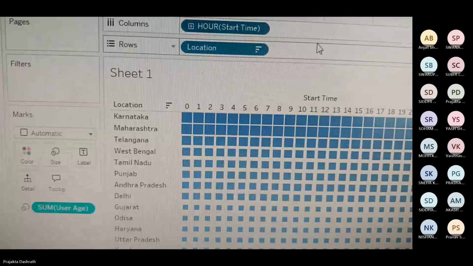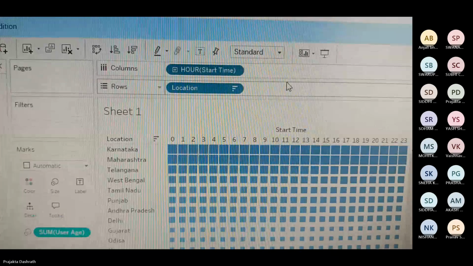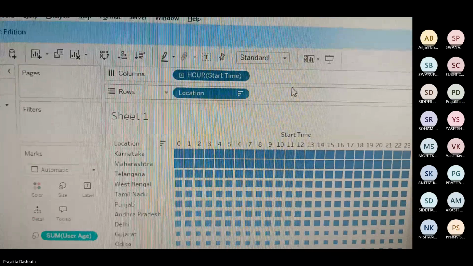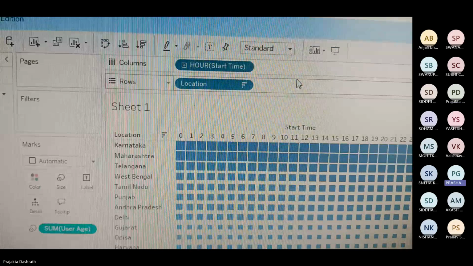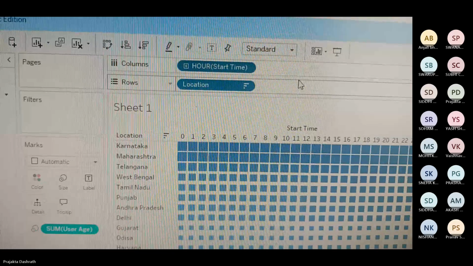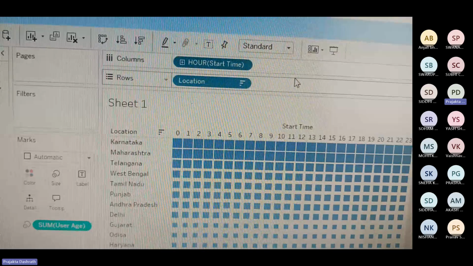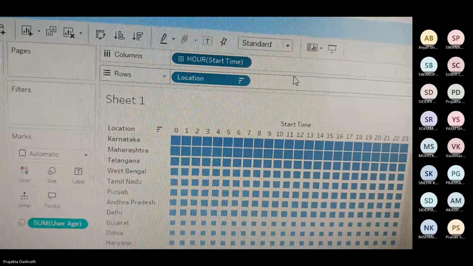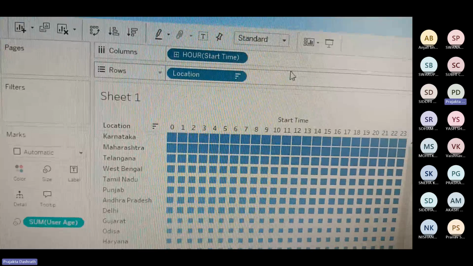Prashant. Mention the grain. Prashant. Start time, location, and what was the third column? Yes, Prashant.